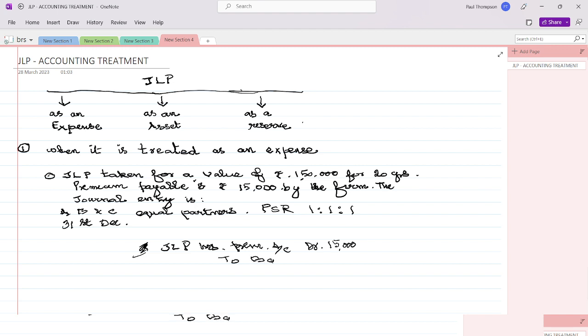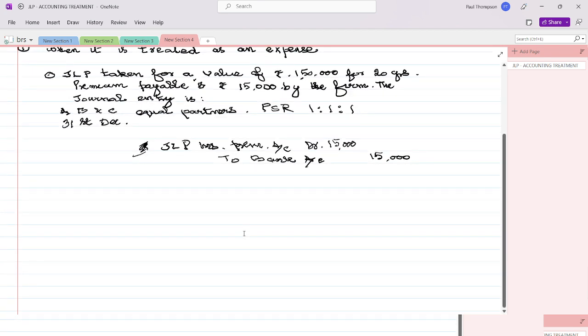Always don't forget to write the narration. I am not writing the narration. You have to write the narration, that is JLP insurance premium paid. Very simple language you can use to write what you are doing. You have to write it so that the person who is looking into that can have a clear understanding what is done and why this journal is made.